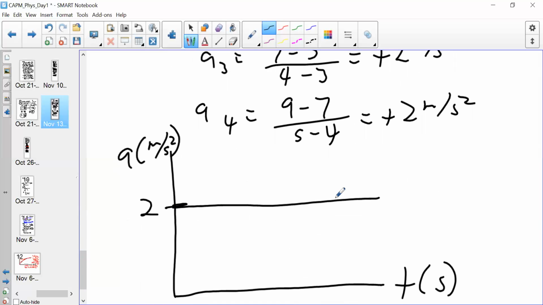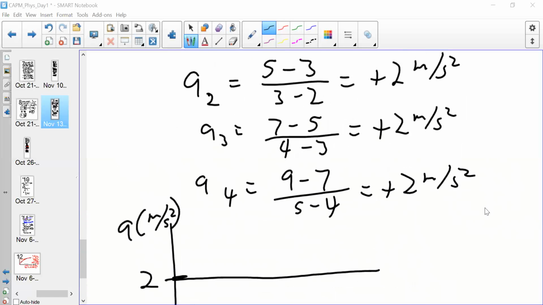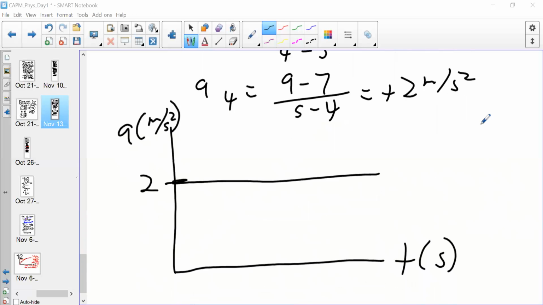But it should be a constant horizontal line because the acceleration is in fact constant. What about D? Always. Yes.